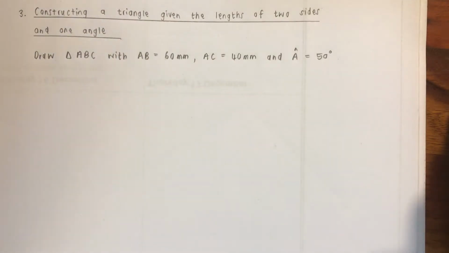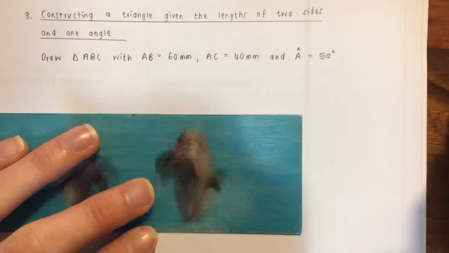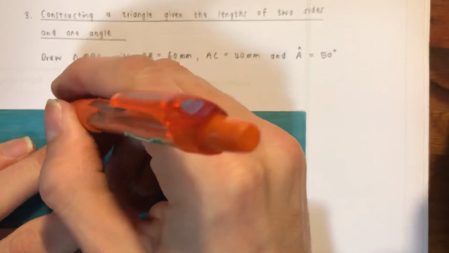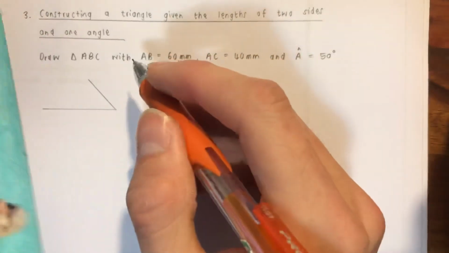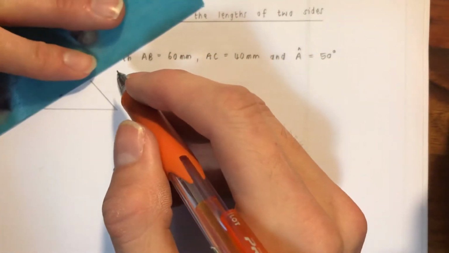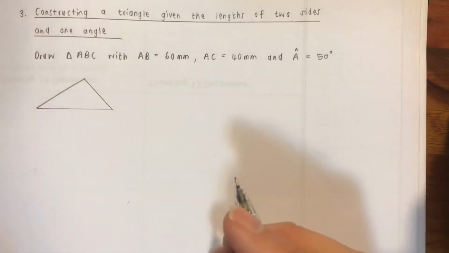So let's start with our rough sketch. Very important. Remember, it doesn't have to be to scale. So all that you do is you just take your ruler, you draw a nice little triangle. Don't measure anything. We're going to do that when we get to our real sketch.